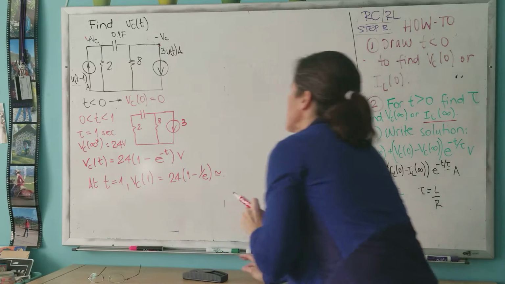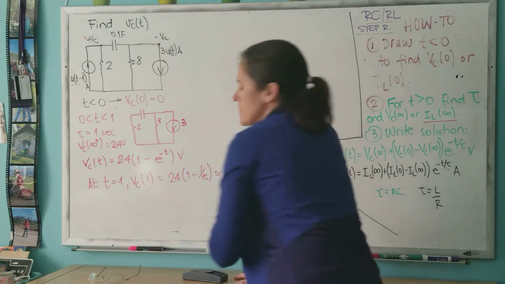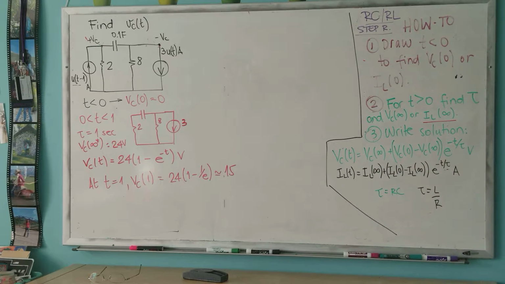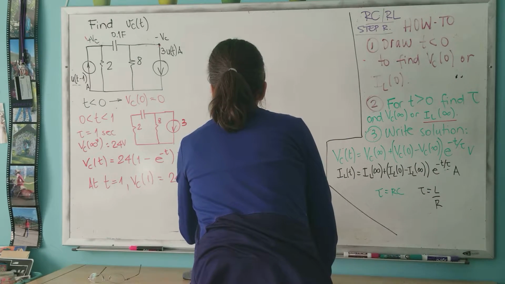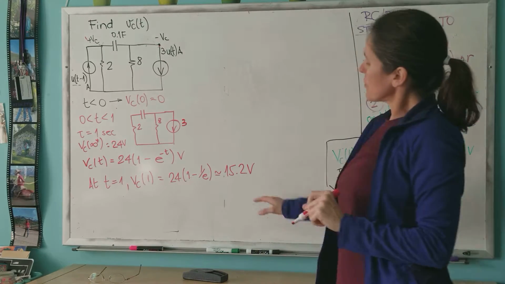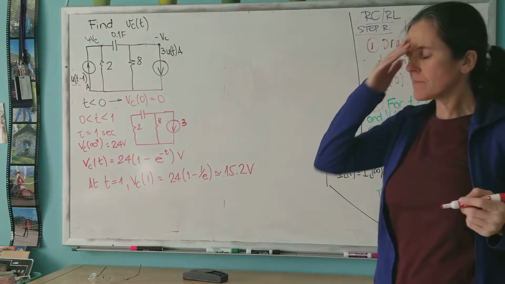And this comes out to be around 15 volts. 15 point something. I did that the other day. 15.17 volts. So at t equals 1, I know the capacitor has 15 volts.